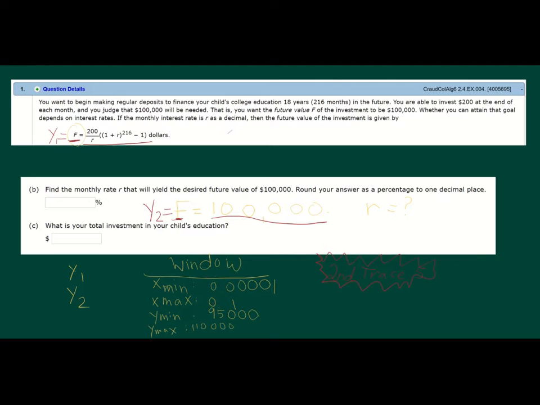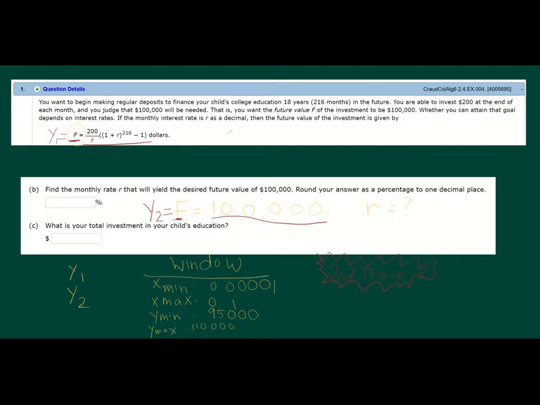That is a very small interest rate. I had to change my y-min and my y-max to sort of straddle the $100,000 goal that we have. So I chose 95,000 as my y-min, and I chose 110,000 as my y-max.